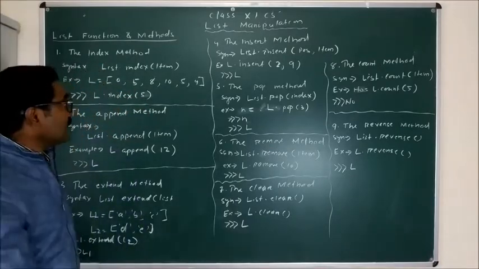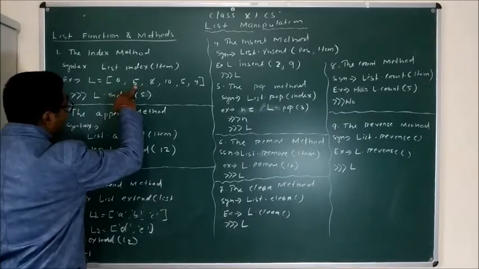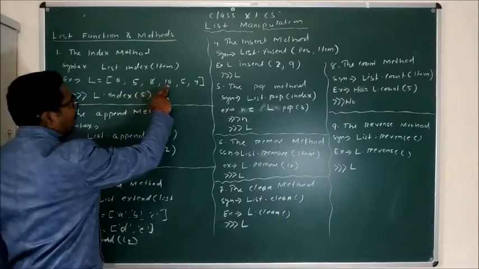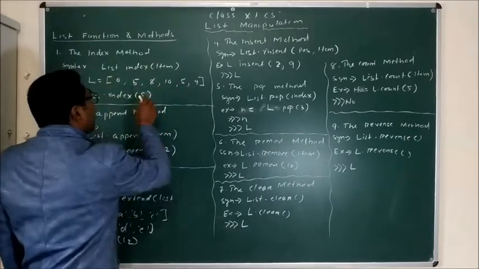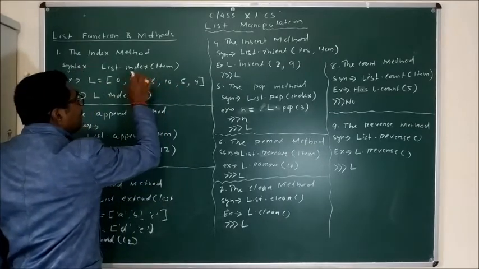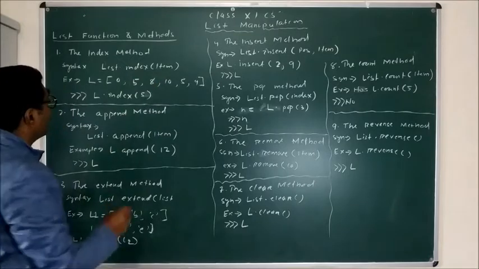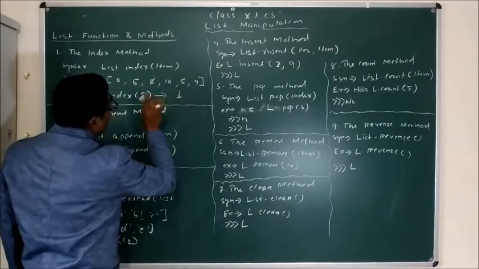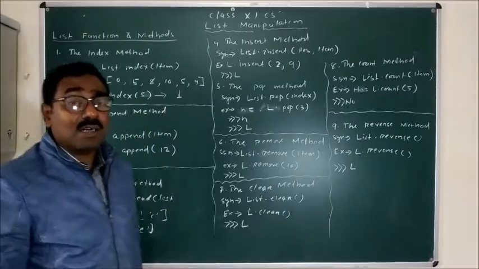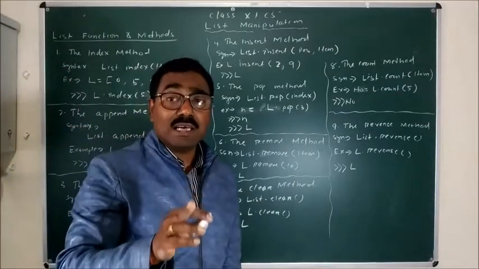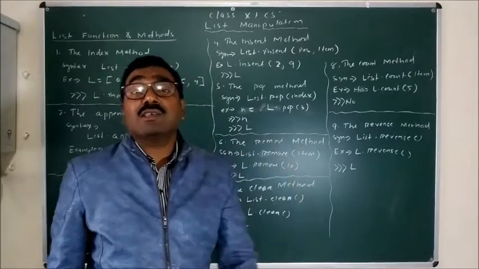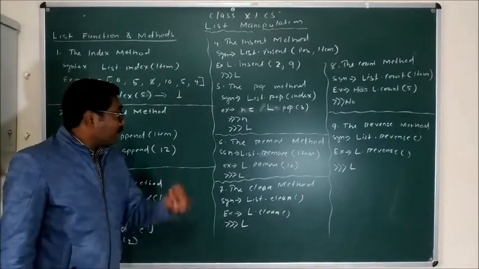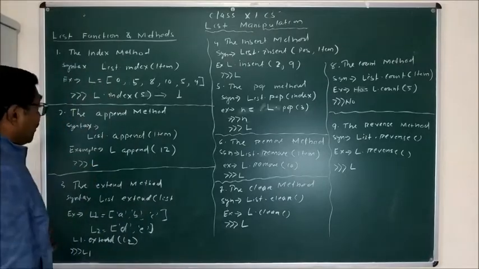This is the 0th place, this is the first place, second, third, fourth and fifth place. So the index of this 5 is 1, and the output of this command will be displayed as 1. That is, it finds the index of the first occurrence of the item you write in the index function. The second method is the append method.